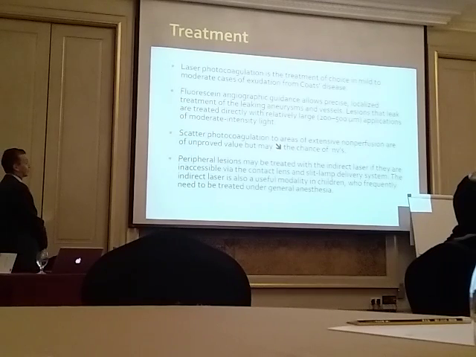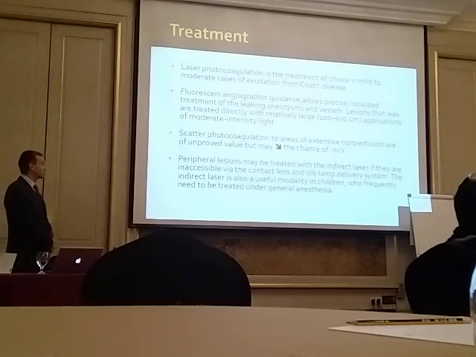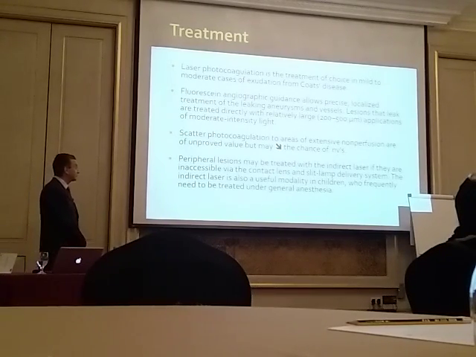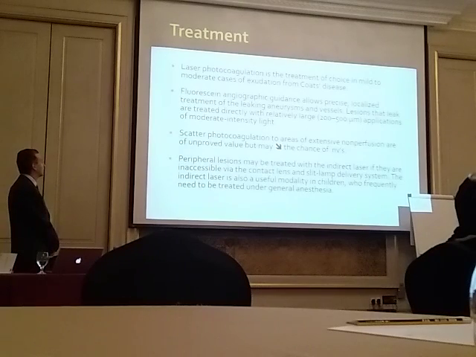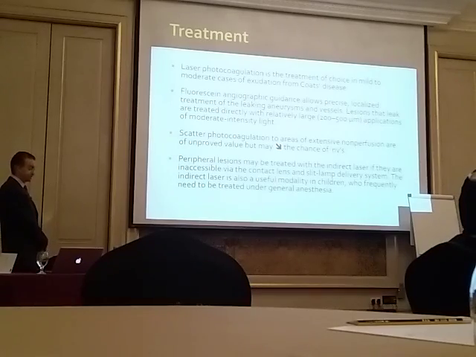Now, if you have areas of non-perfusion, you have to do a scatter laser photoablation, and this would, of course, decrease the chances of new vessels. Peripheral laser may be delivered with either an indirect laser delivery or with a contact lens delivery system. The indirect is also useful in children because they're sometimes bedbound and you sometimes have to treat them with anesthesia.